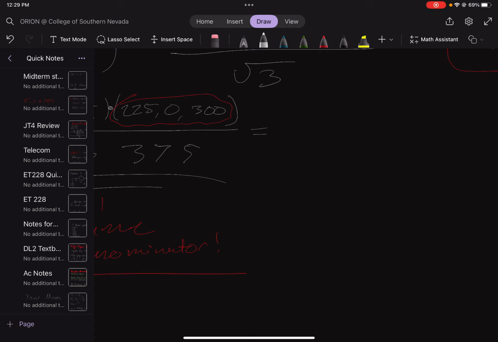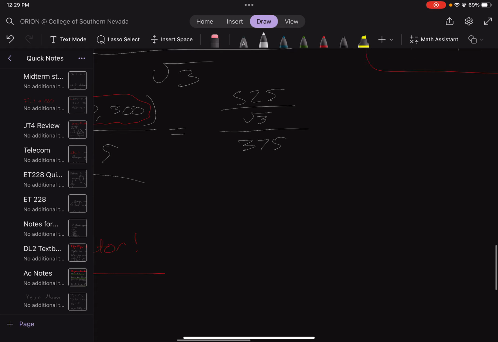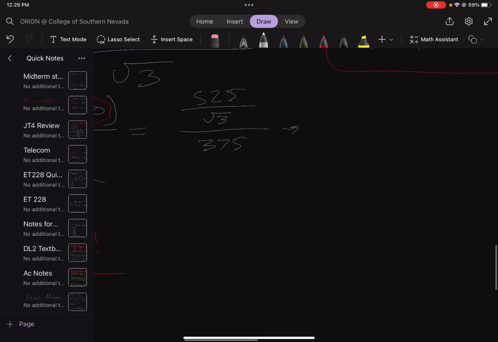So now it's just 525 over the square root of 3 over 375. So now what we do is we go right ahead and put those values together.